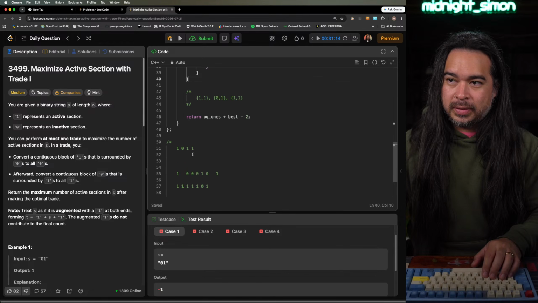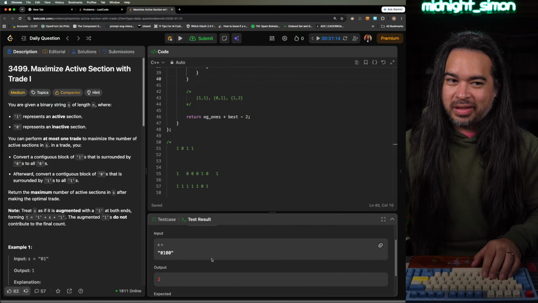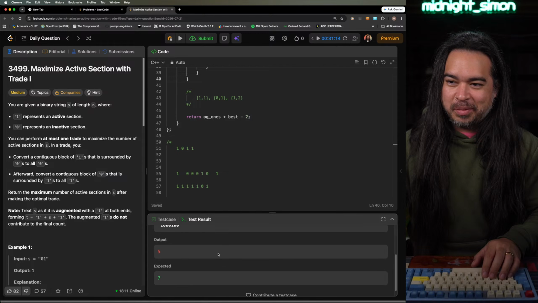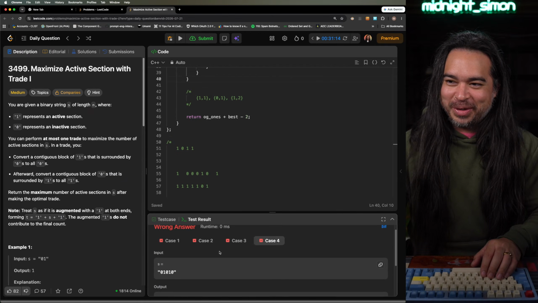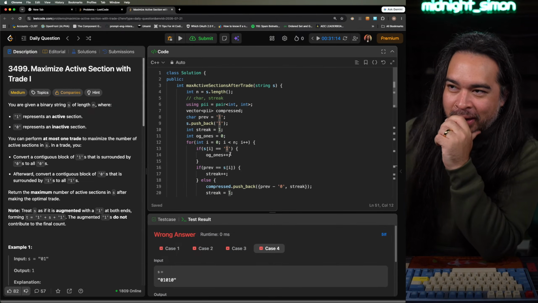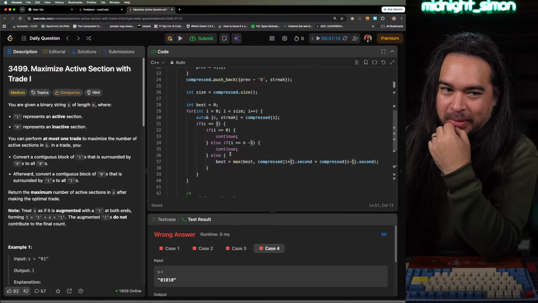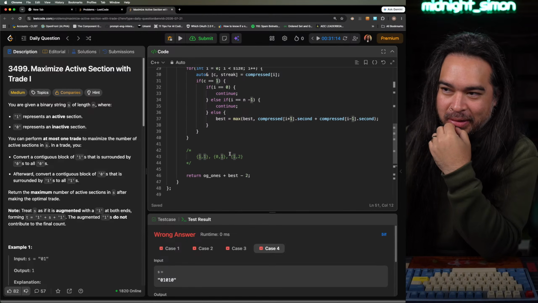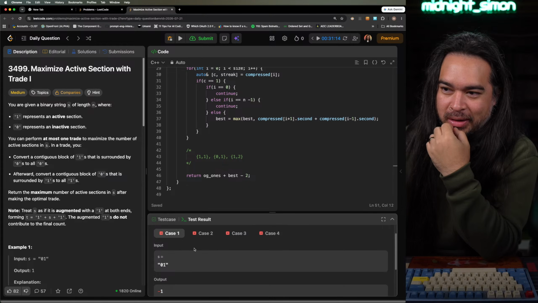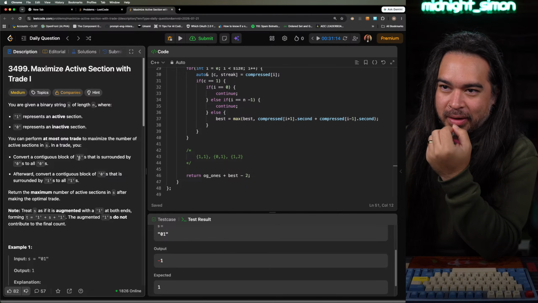How do you do this? Rex, I think I'm close, but I'm missing something, man. 1 surrounded by 0s.